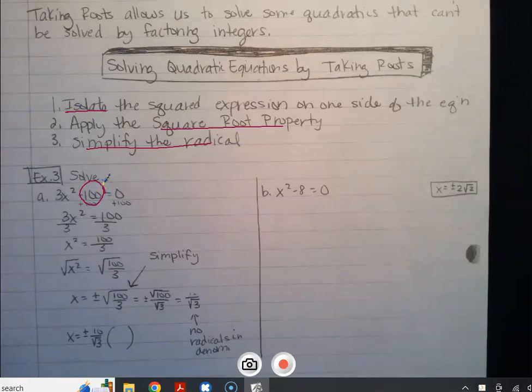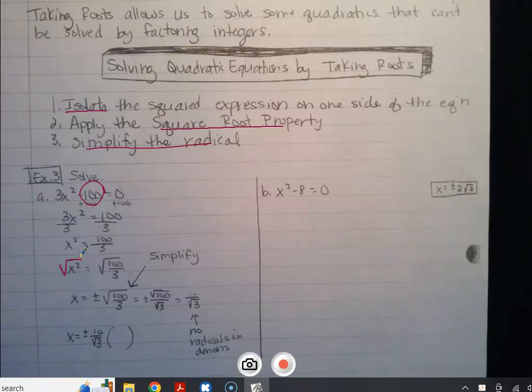All right, so for this first one, we added 100 to both sides to get 3x squared equals 100. We want to isolate the squared expression, so we need to get rid of the 3. Then we have x squared equals 100 divided by 3. The reason we isolate the x squared is so that we can square root it.